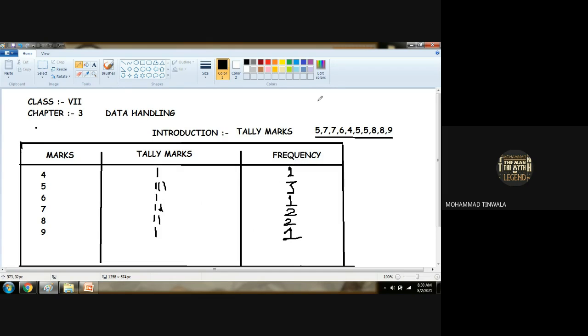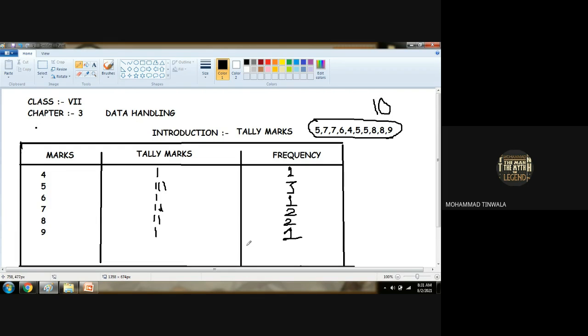Now if you total, first of all, how many students' data do we have in total? How many students' data do we have, boys? 10 students.